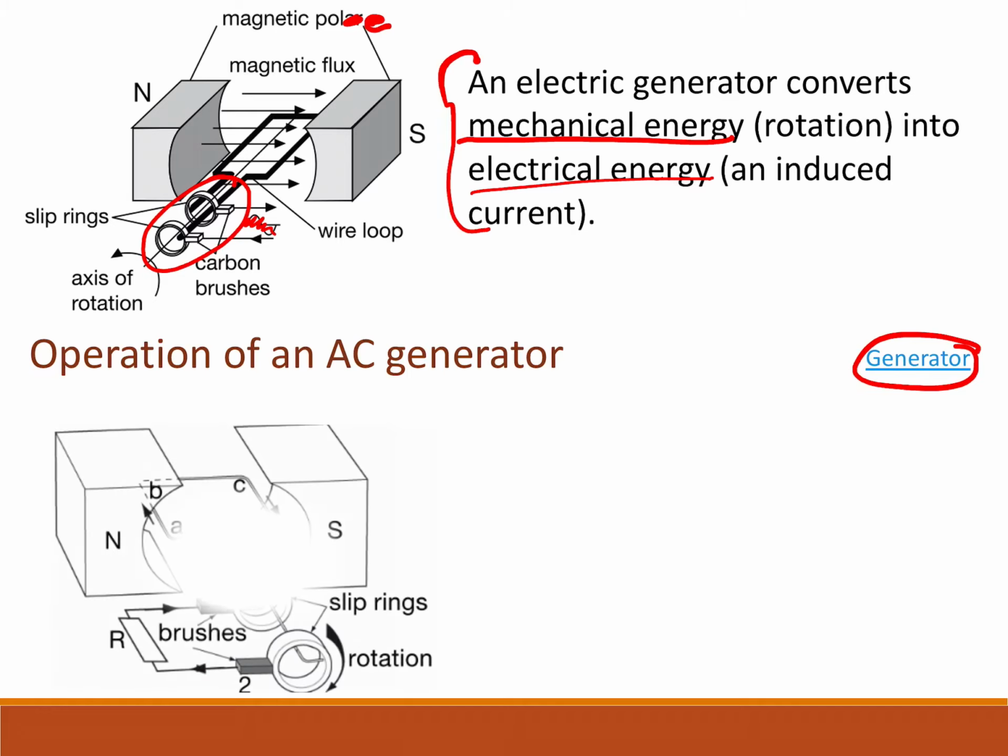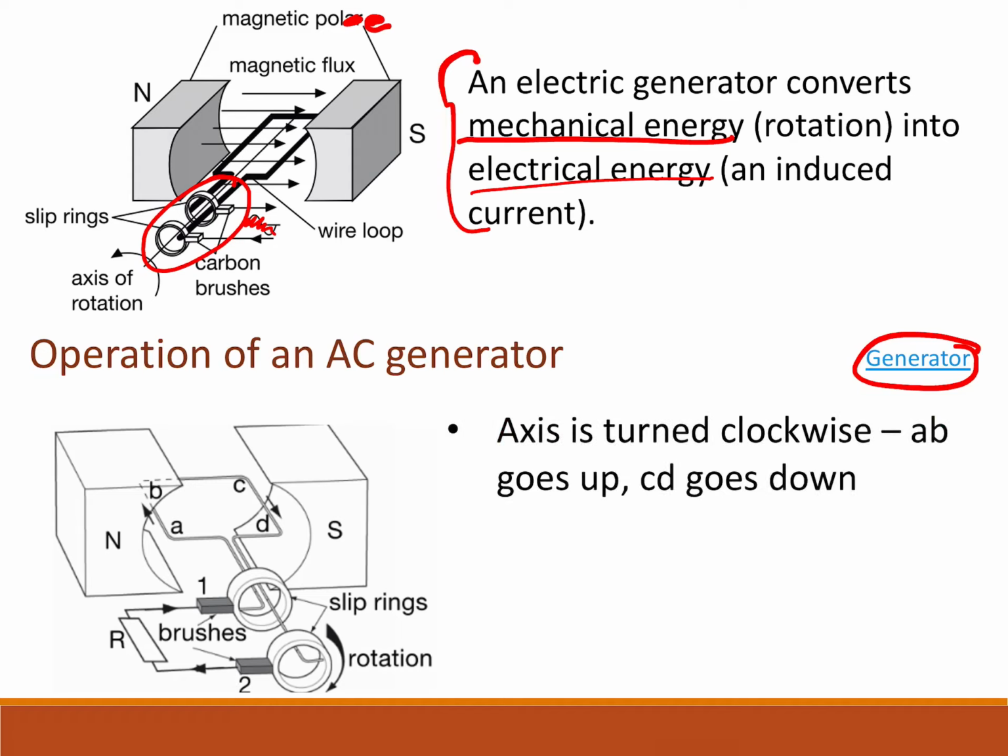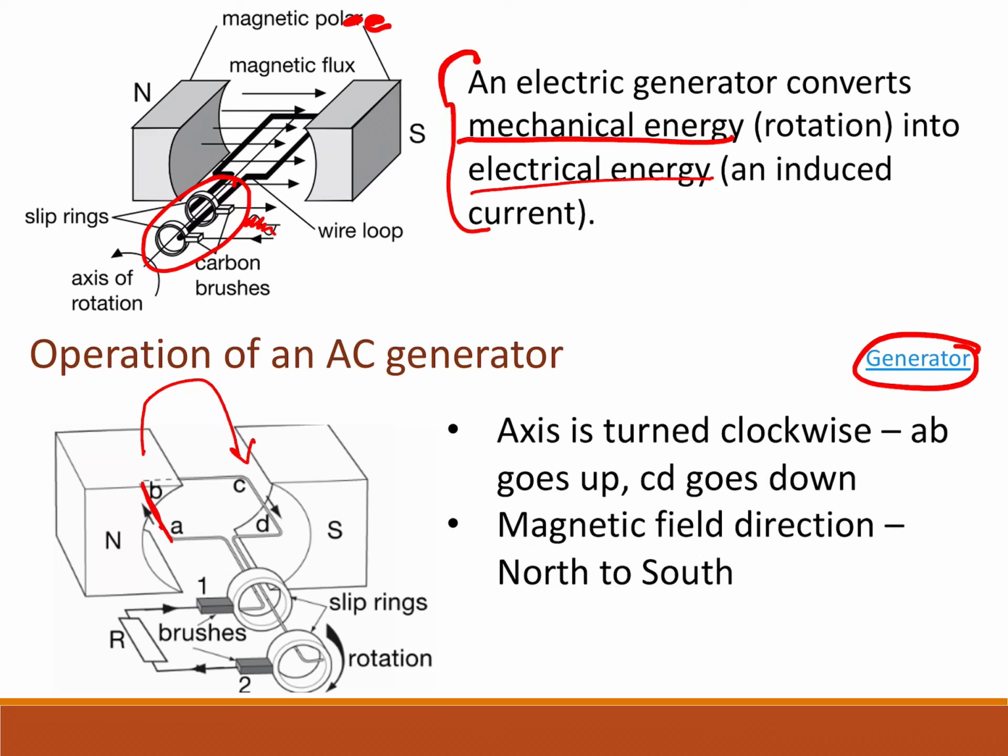Okay, so when we have our generator, we are moving this generator clockwise, so it's going to go up and then it's going to go down. So this wire here is moving up through the circuit. So what happens is the current is now going to go, and the magnetic field always north to south.